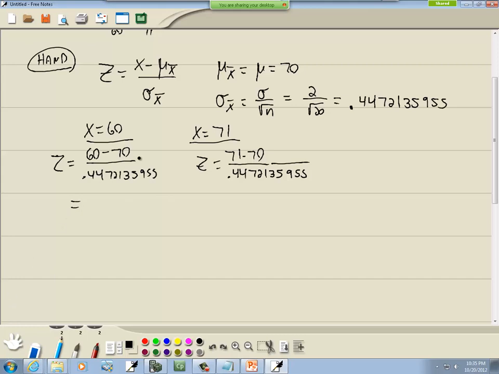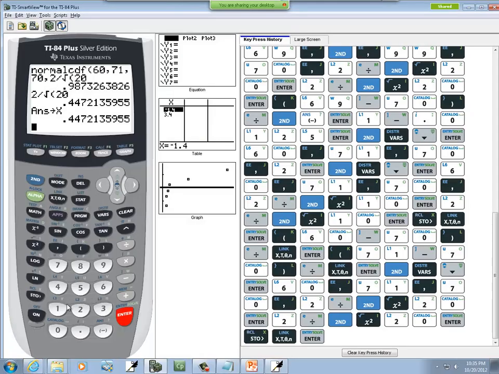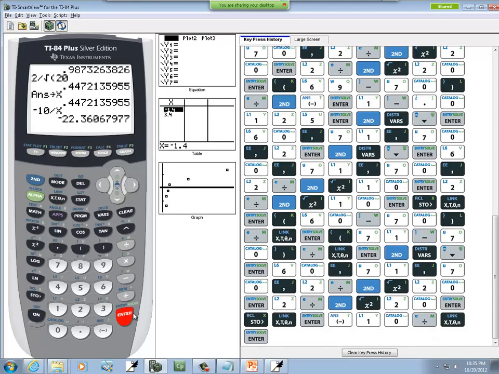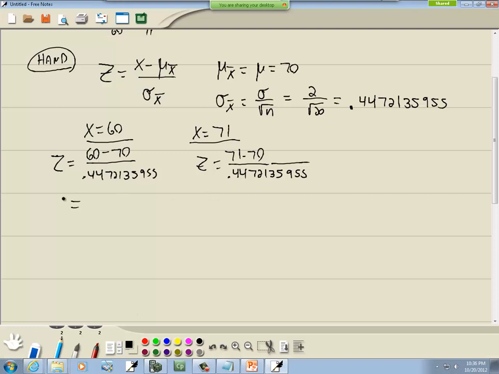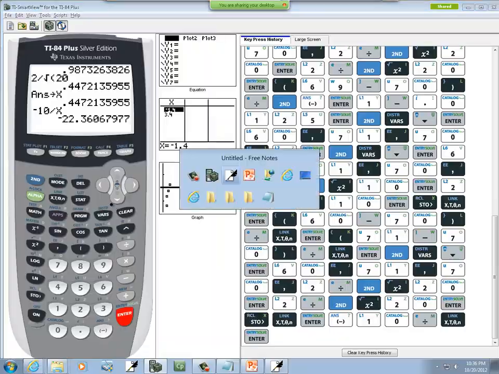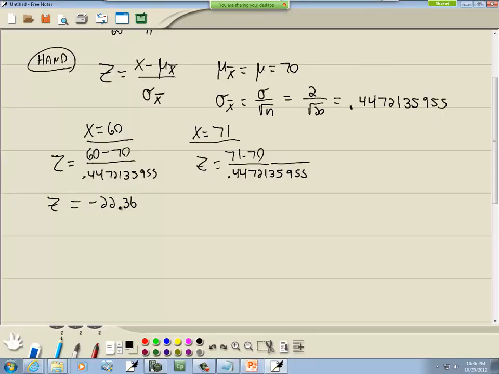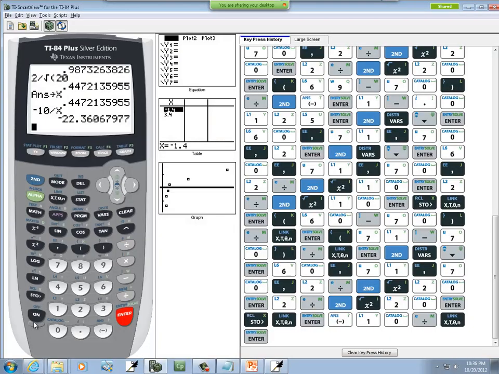I think you've seen enough of these. I'll shorten it a little bit. So this is negative 10 divided by x. Well, it gets worse and worse. So this one is negative 22.36. 71 minus 70 up on top is 1. So we've got 1 divided by x.